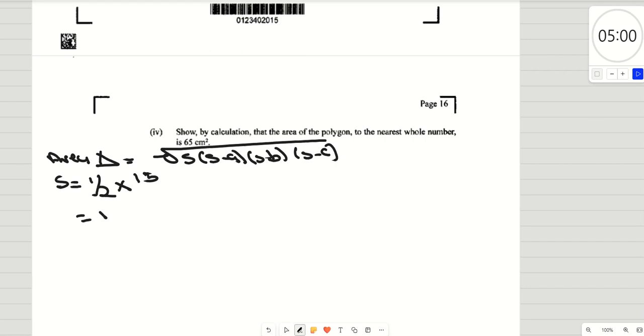So you're going to get 15 over 2, or 7.5. Right? So now a is 5, b is 5, and c is 5. So it's going to be the square root of s open bracket 7.5 minus 7.5 minus 5. I'll close the bracket too soon.